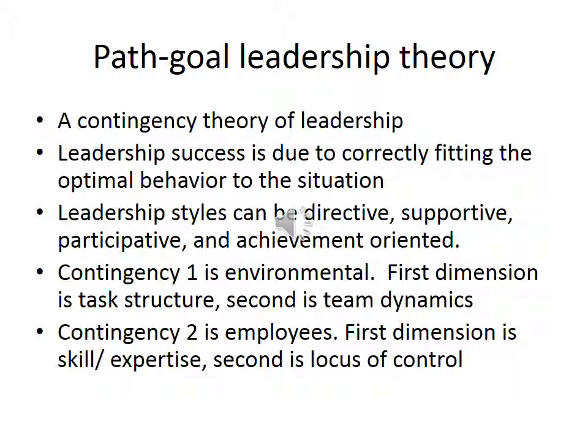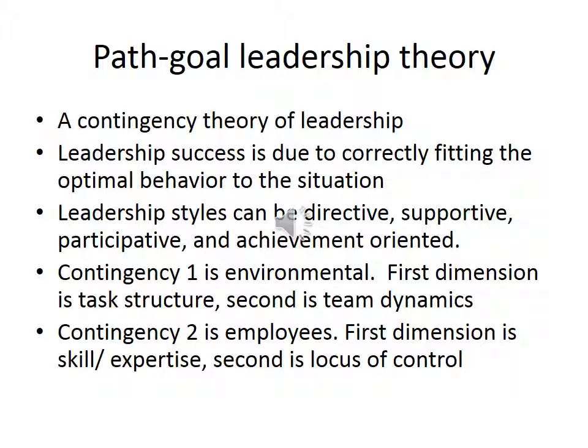Achievement oriented has been described as a very aggressive type of leadership, where you're constantly taking a very capable employee and stretching that employee, giving that employee jobs that are maybe beyond what the employee thought he or she could do, and thereby accelerating the development of that employee.